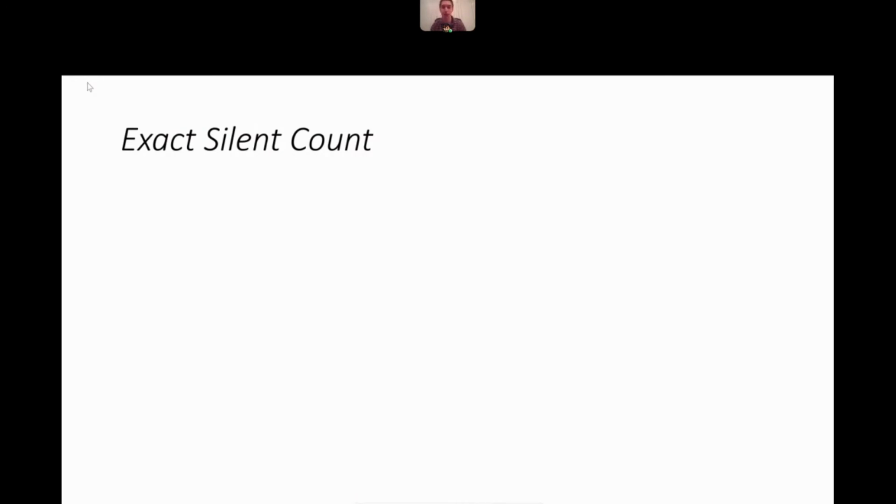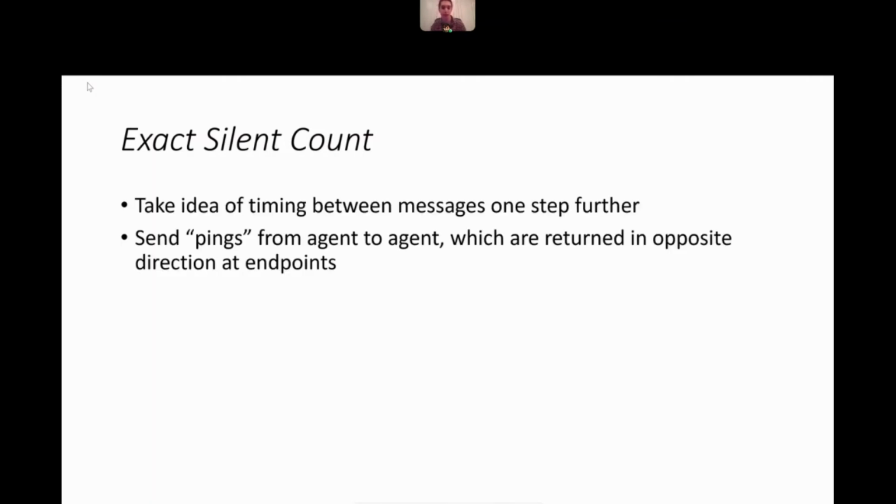But our next algorithm, the silent count, is basically taking this idea of using time to determine the count a step further. So instead of sending a count from agent to agent, we're only going to send a ping, which is just a bit. The bit is going to be passed from agent to agent in a single direction and then returned in the opposite direction.